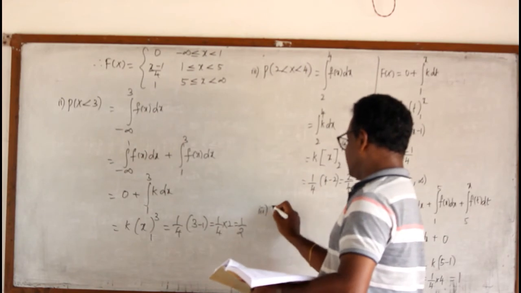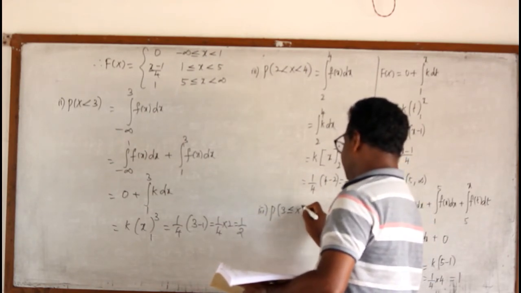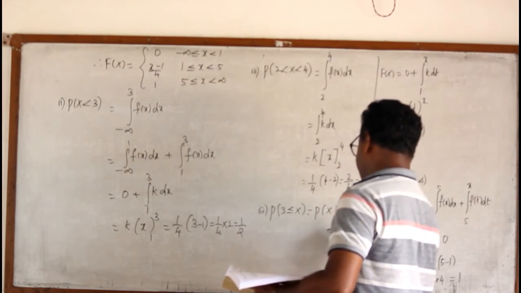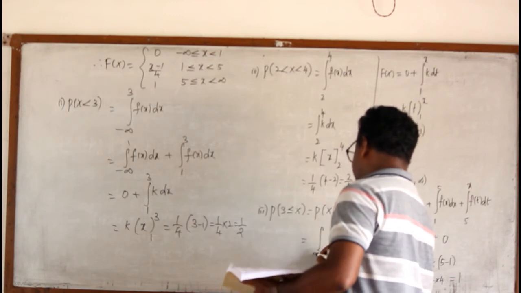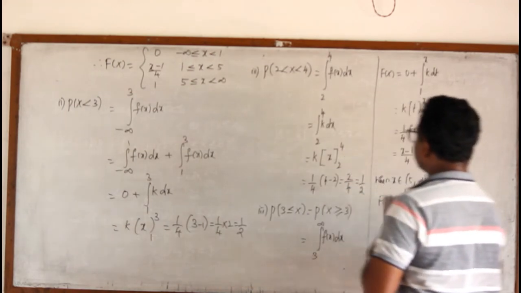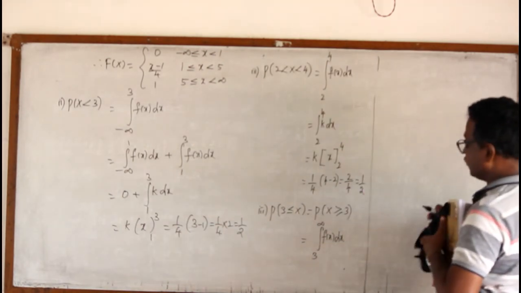Then now the next question, P of 3 less than or equal to x, that means P of x greater than or equal to 3. That means I have to find the integral from 3 to infinity of f of x dx. The function exists from 1 to 5 only.